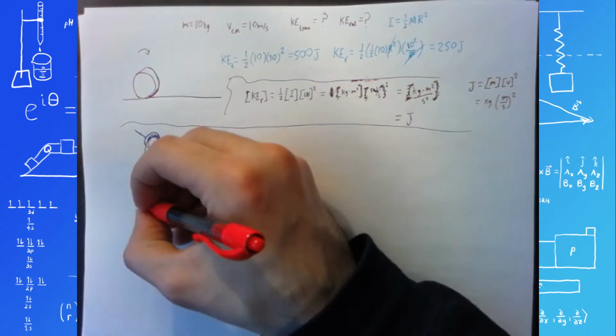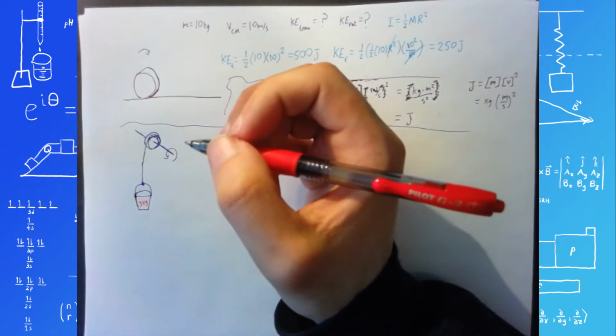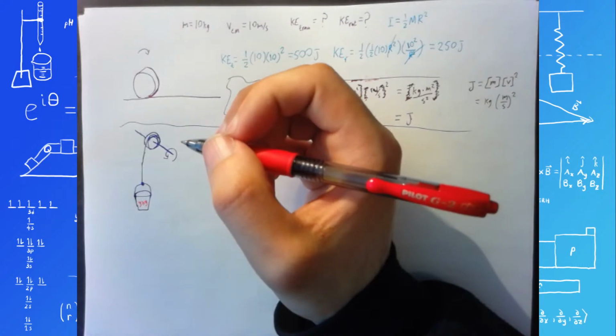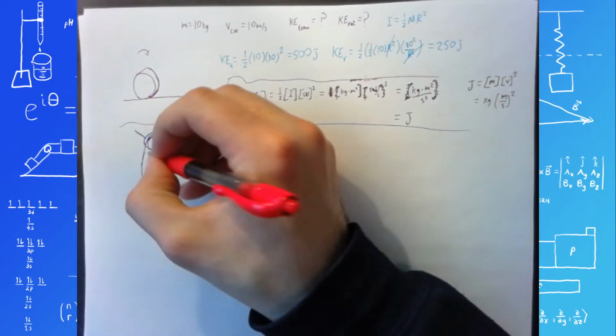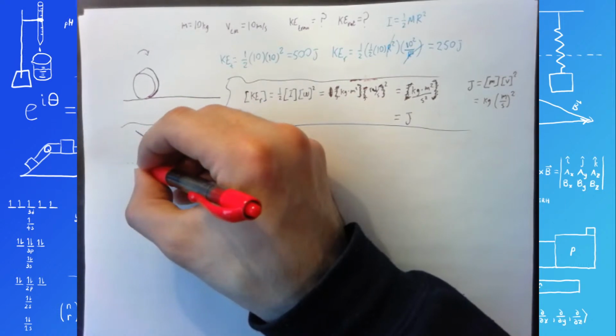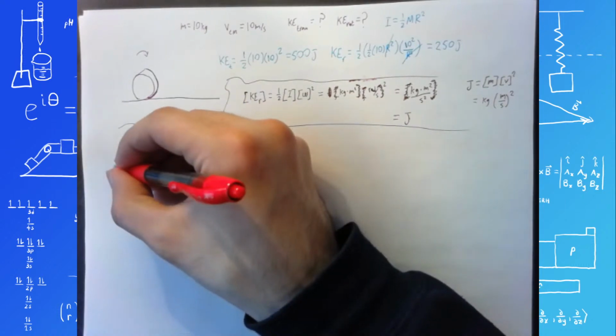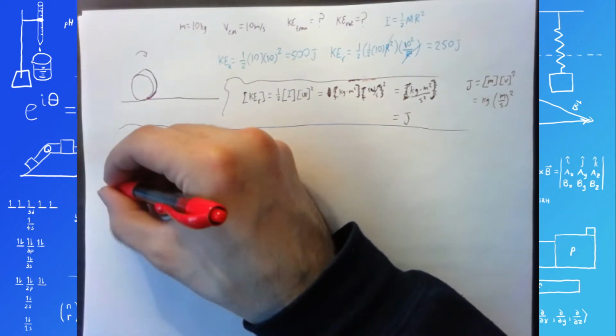Anyway, bucket is 3 kilograms. And it has fallen 4 meters starting from rest, so we'll say that it started somewhere up here and has fallen 4 meters.